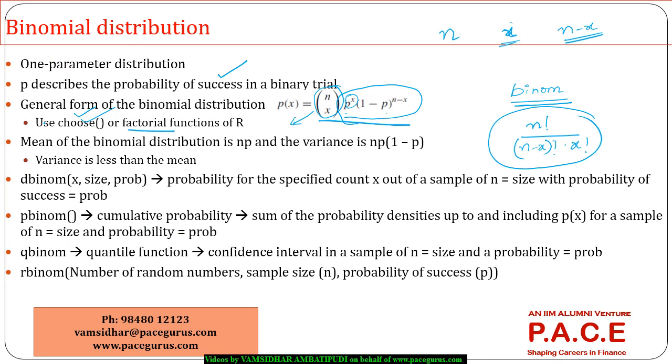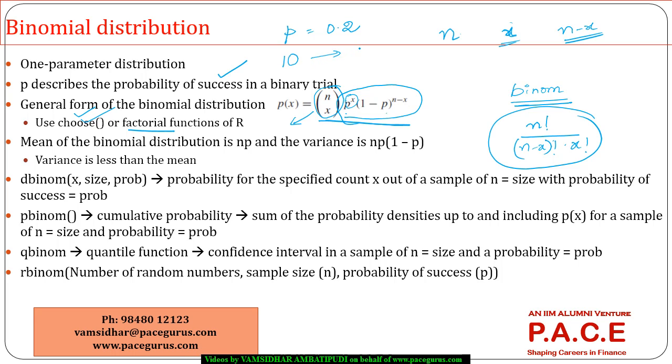But let's do the binomial distribution part, right? So we'll take up a quick numerical. I want to say the probability of success of occurrence of an event is, let's say, 0.2. I am doing an experiment 10 times.